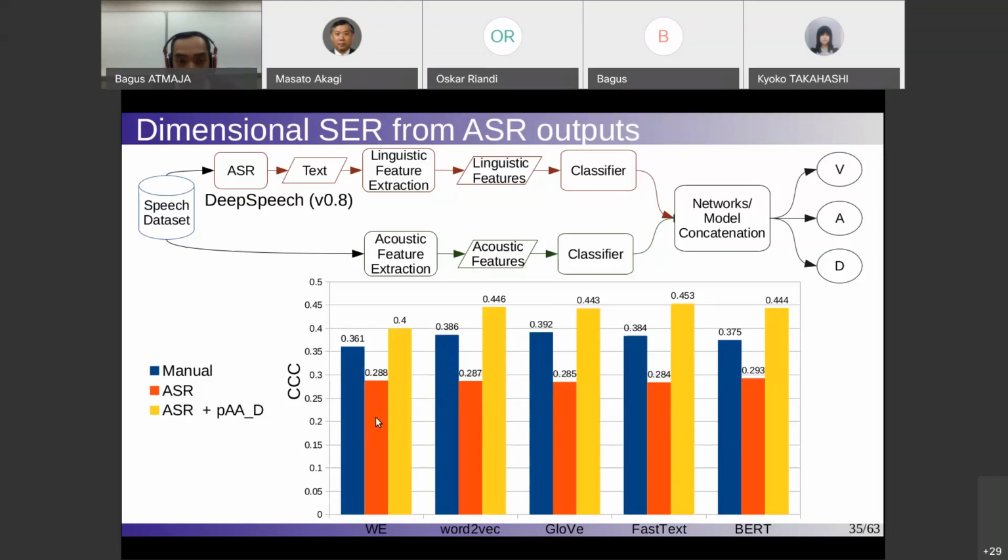So as predicted, the score of ASR is lower because of some word errors generated by ASR. But still, if we combine linguistic with acoustic, in this case PAA with deltas, the score is improved here. So the yellow ones are the fusion of acoustic with automatic transcription from ASR.